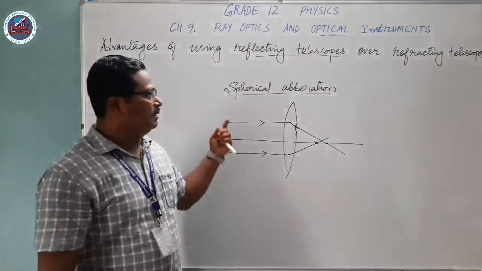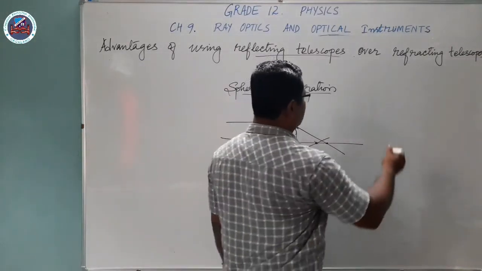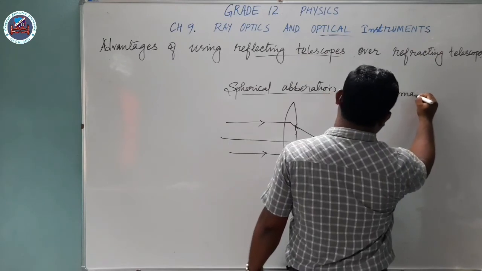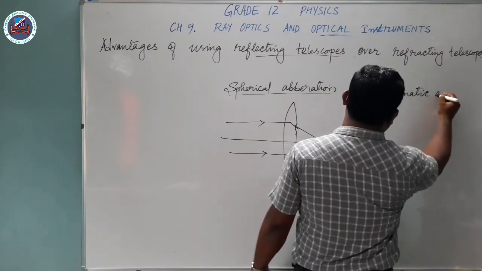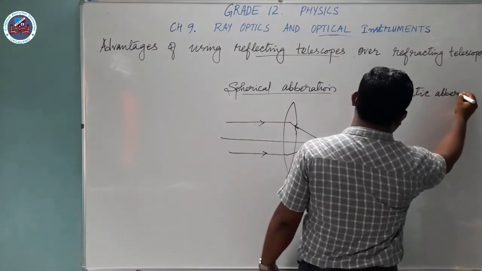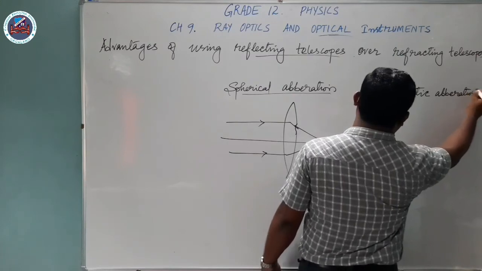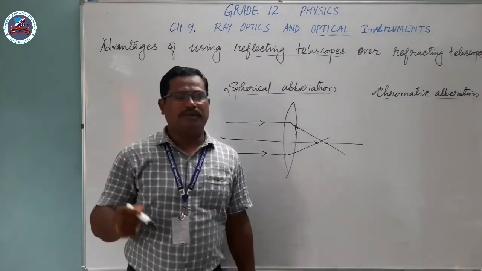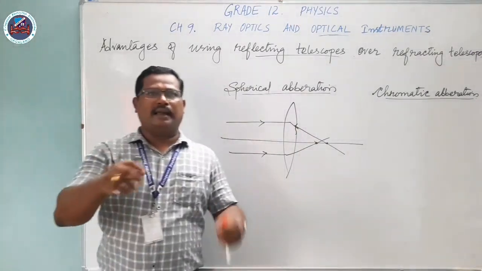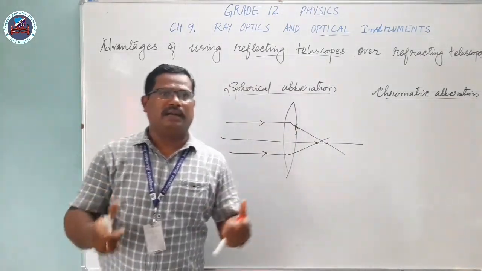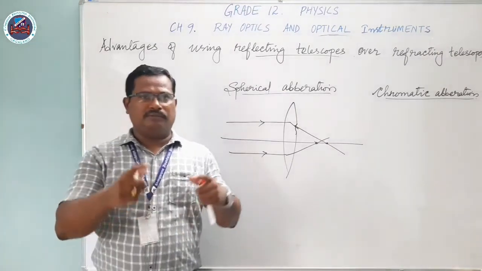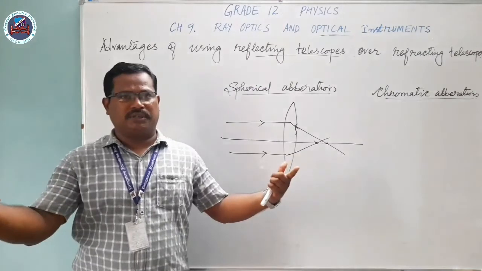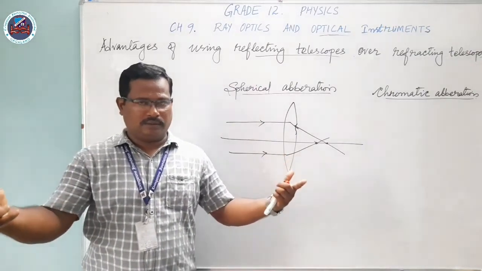In the same way, the other aberration you have is chromatic aberration. In chromatic aberration, the quality of the color will not be good. Instead of red, it will appear faint red, that means it may become a pink image.